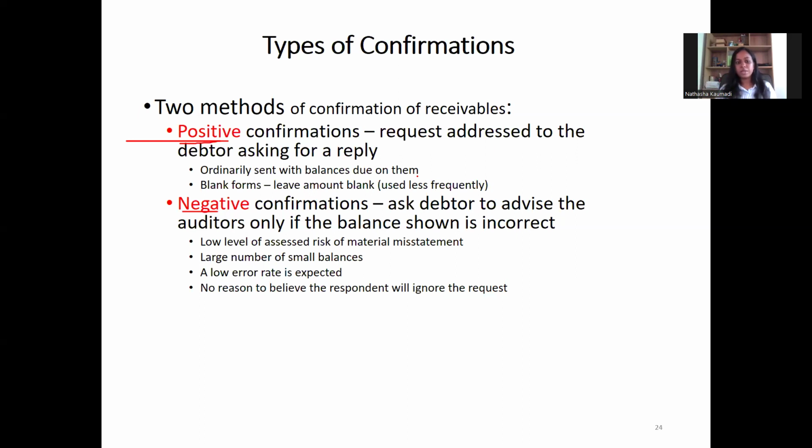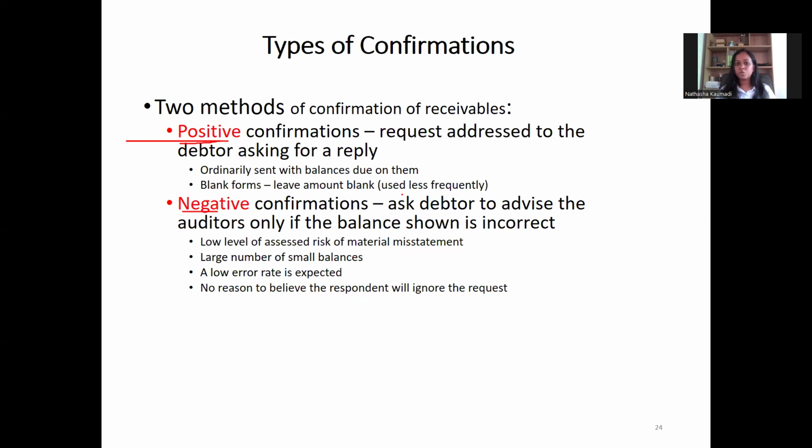Positive confirmation. Blank forms, maybe even without mentioning the amount, you can send it. Like, we are not saying our debtor balance is 100,000. We are asking the debtor to confirm it. We are keeping a blank request, right? Blank form. Leave amount blank. But it is less frequent.